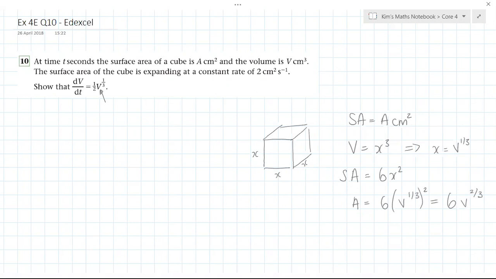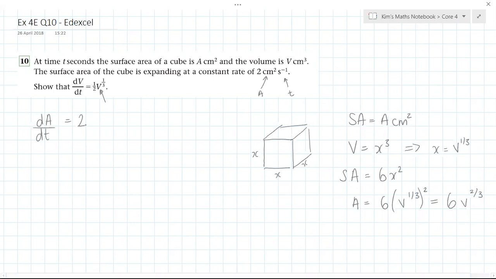Now it says that the surface area of the cube is expanding at a constant rate of 2 squared centimetres per second. So this one here is my area, and this one is time. So I've got a rate of change, which is dA/dt, because I've got area and time, and that's going to be equal to 2.